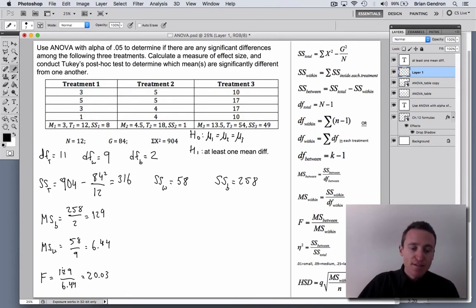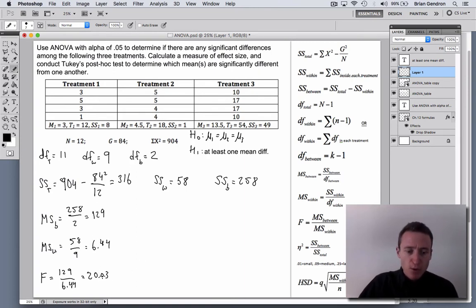Remember that the variance between groups indicates what's going on as a result of the treatment effect, whereas variance within groups tells us what's going on as a result of random chance or random error. So the systematic stuff, the interesting variance, is 20.03 times larger than the non-systematic variance or the random variance.